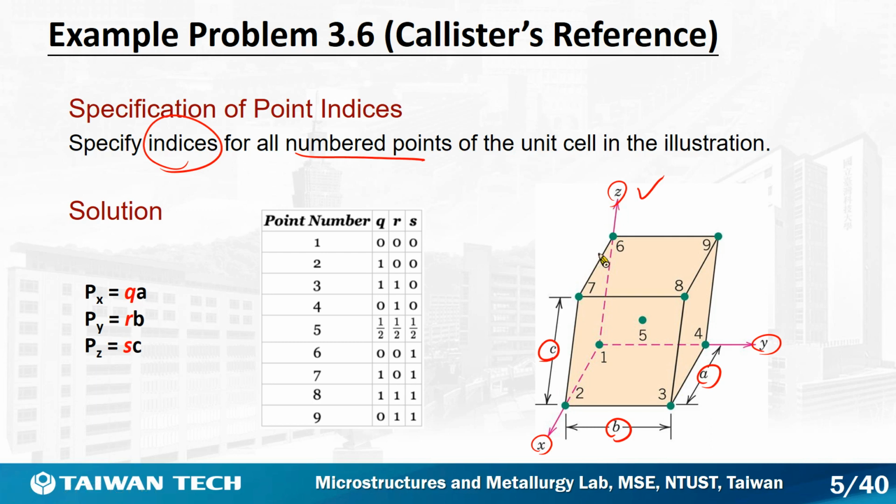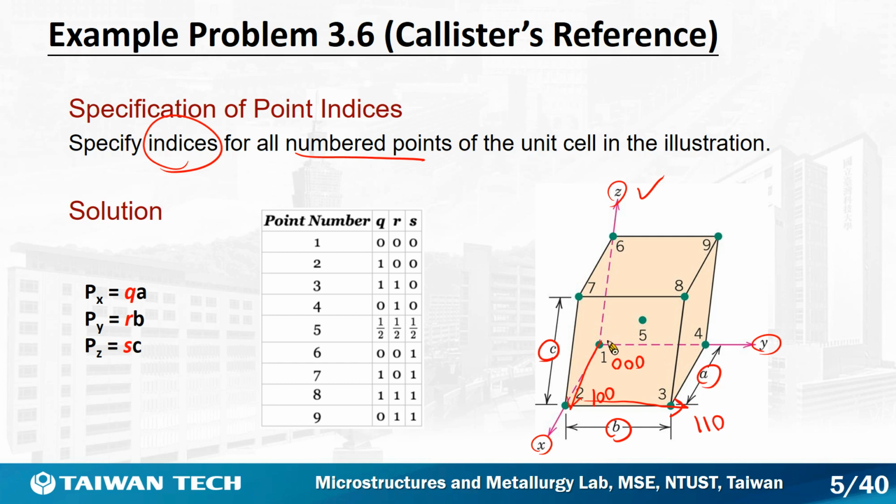For example, for the first point, usually this is the origin, right? So it's 0, 0, 0. And for point 2, we see that it comes to the edge of this x-axis, so it would be 1, 0, 0. For 3, 1, 1, 0.